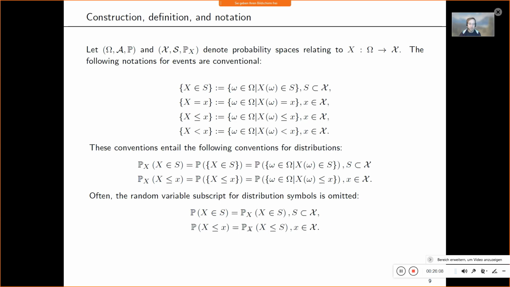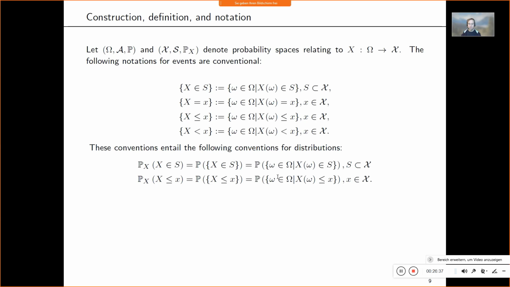So this is why in real life, and also in much of the notation that will follow, I will omit this subscript, because then you always see that you're talking about a random variable, and the additional subscript x does not really add that much information if everyone agrees that what these things mean are actually the probabilities of the underlying probability space, which often is not made explicit, and that's maybe a little bit hard to get used to.